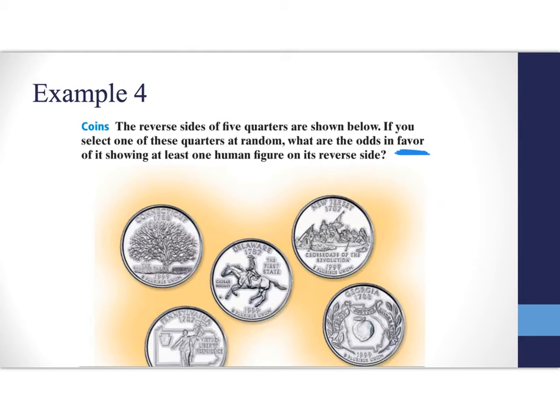So to calculate the odds, remember odds is equal to, in this case, the favorable, and we're going to divide that by the unfavorable. So if I go through and count the figures that show at least one human figure, I'm just going to draw a line through it.